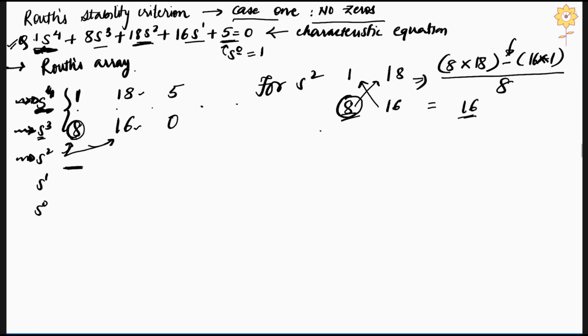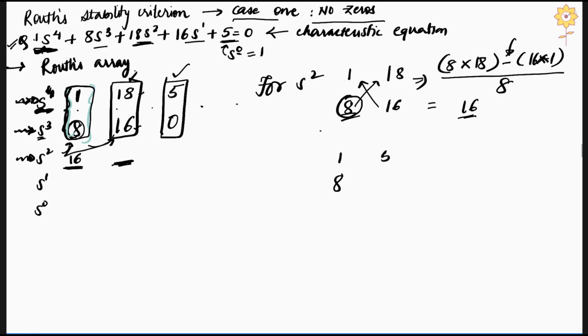This 16 can be written over here. To find the value for this particular position, again we will be using these 2 values, that is 1 and 8. Please keep in mind you will be using 1 and 8, and since you have already used 18 and 16, for this position you will be using the next 2 numbers, that is 5 and 0.